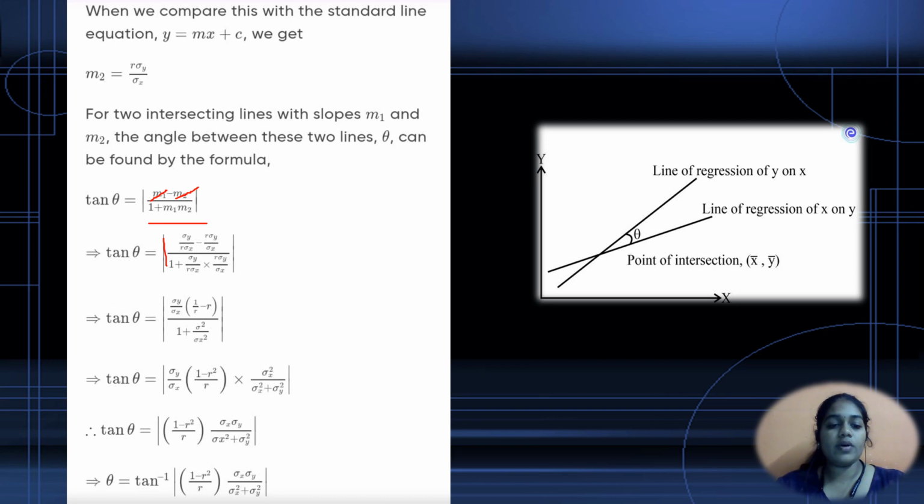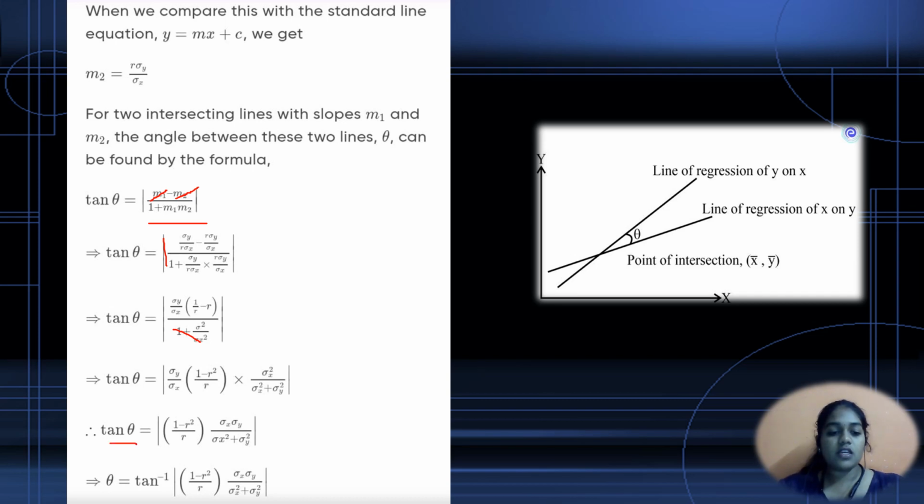Now taking sigma y and sigma x common, in the brackets we have 1 minus r square divided by r into 1 plus sigma y square divided by sigma x square. Tan theta is equal to mod of sigma y divided by sigma x into 1 minus r square divided by r into, multiplying by sigma x square, 1 divided by sigma x square plus sigma y square.